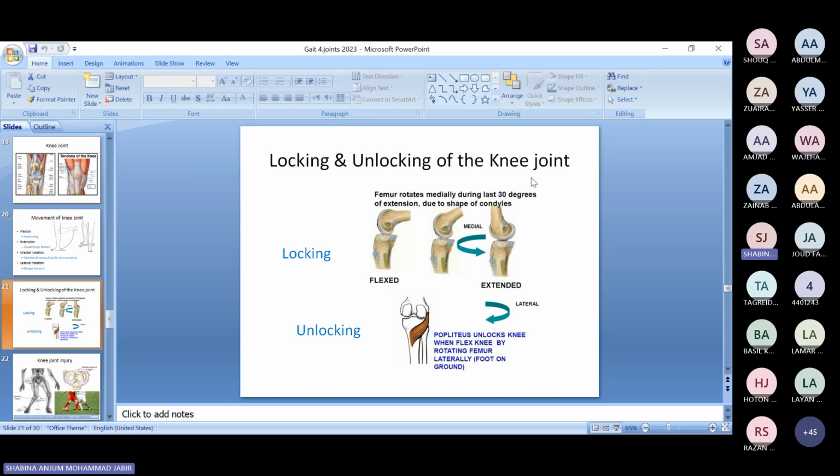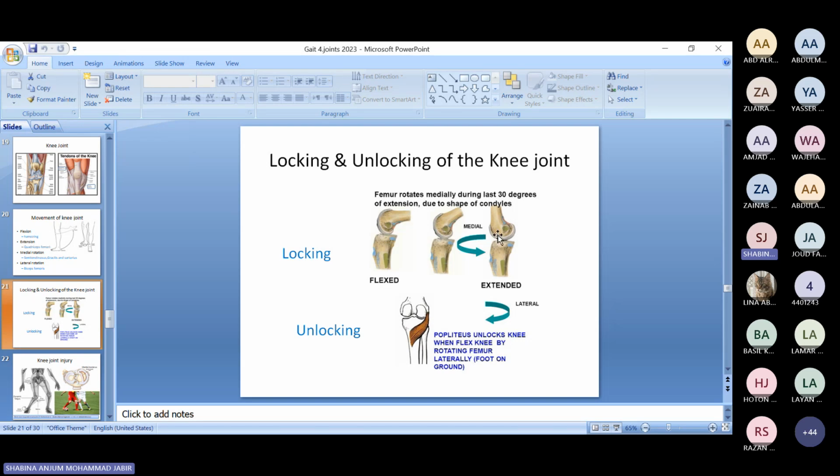You have to do medial rotation by 30 degrees. It means when you do medial rotation by 30 degrees, your knee will be locked. I know it is difficult to say like this, but when you see the bone and try to understand, I will show you, inshallah. So you have done medial rotation.